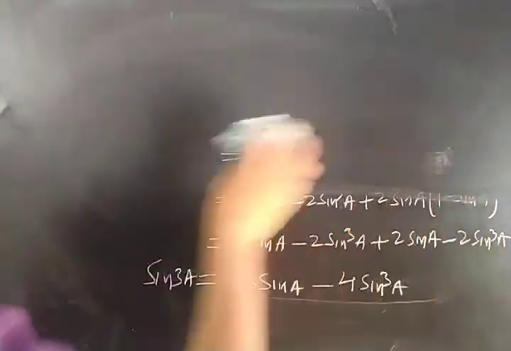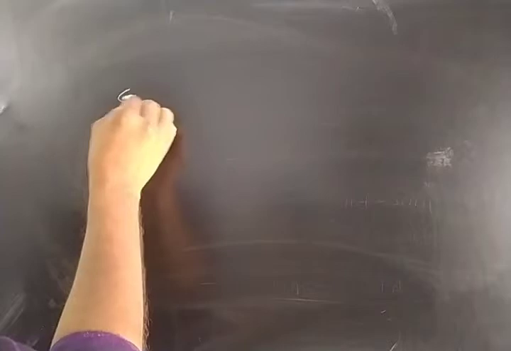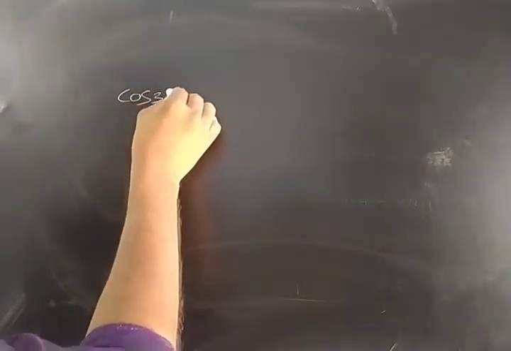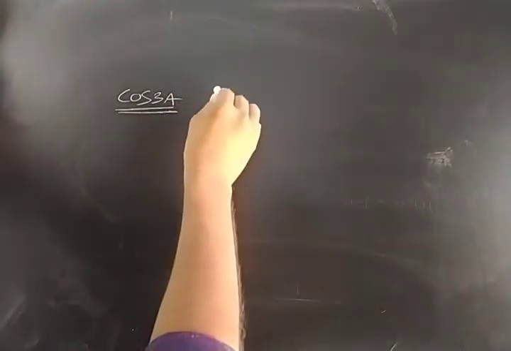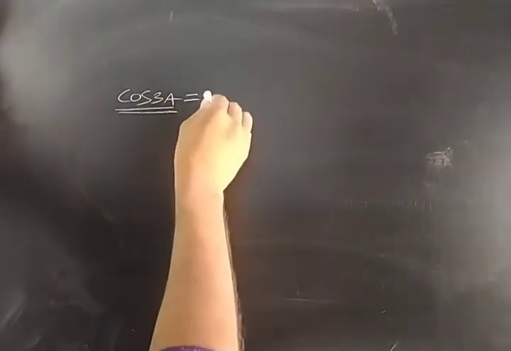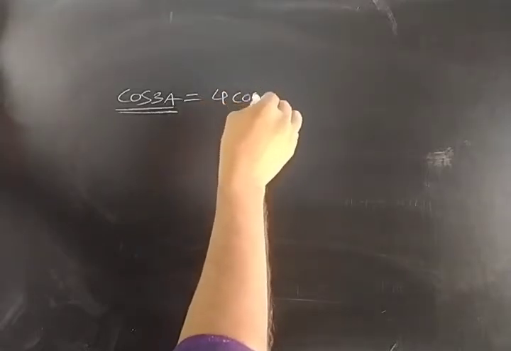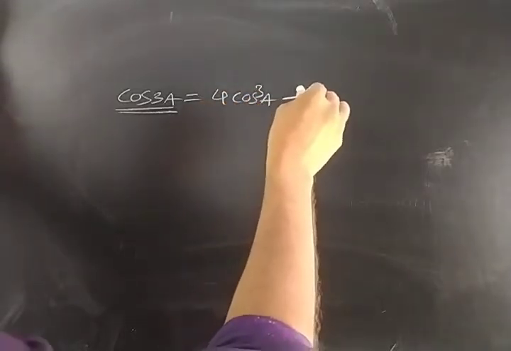Now the second identity, triple angle identity cos 3a formula. Cos 3a equal to 4 cos cube a minus 3 cos a.